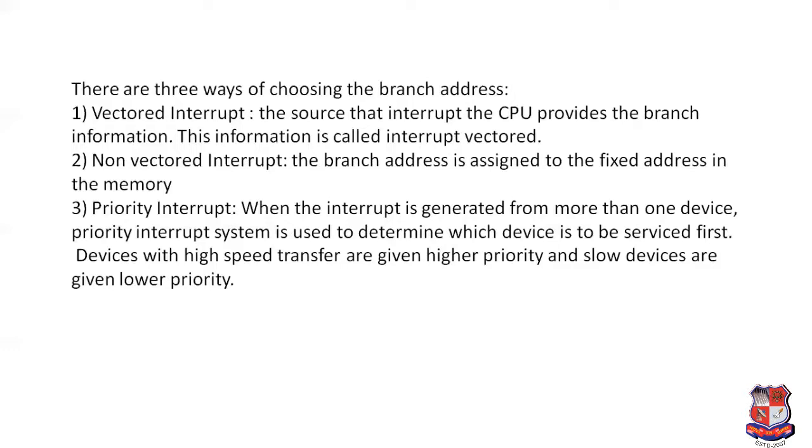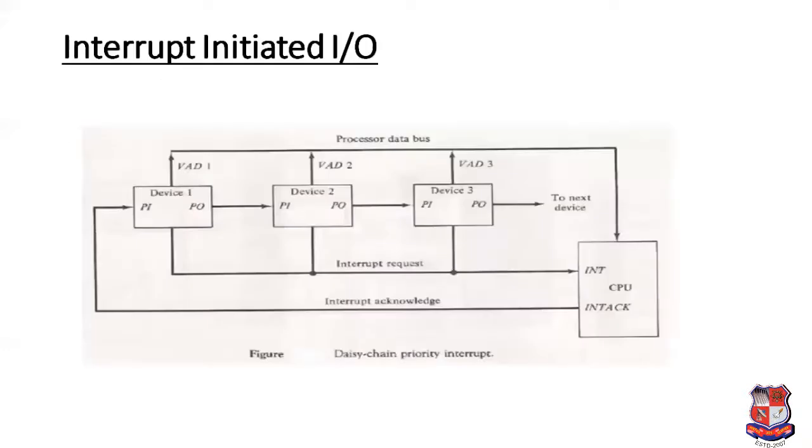Now, what is priority interrupt? When the interrupt is generated from more than one device, the priority interrupt system is used to determine which device is to be serviced first. Devices with high speed transfer are given higher priority and slow devices are given lower priority.